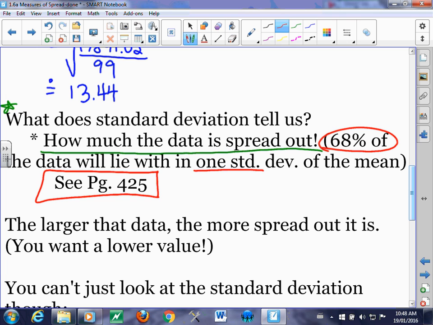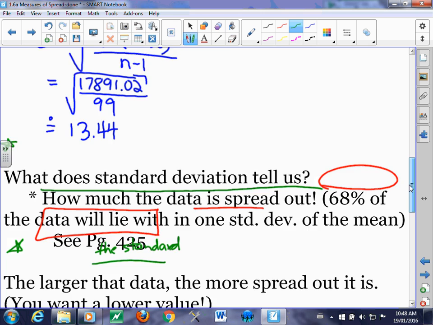What I also want you to remember and write down, please: the larger the standard deviation, the more spread out the data is.